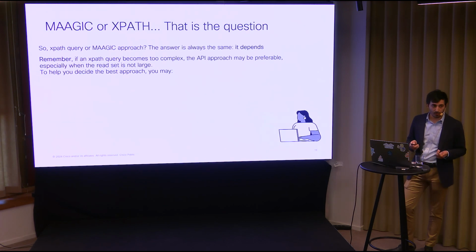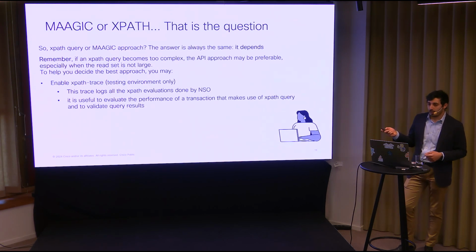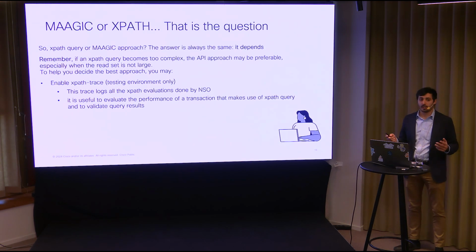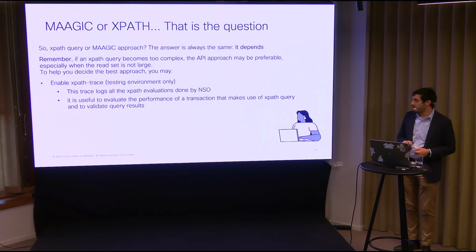To help you decide the best approach, you may do the following. Enable xpath trace, always in the testing environment. This trace logs all the xpath evaluations happening in NSO. It's useful to evaluate the performance of these evaluations and also to validate the results.